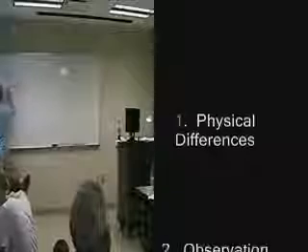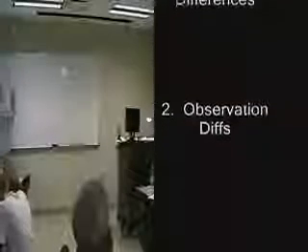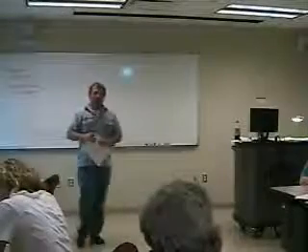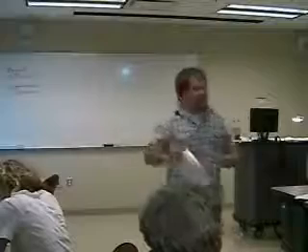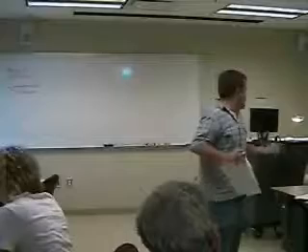Another type of difference that we're going to talk about are what I'm going to call observational differences. We don't observe the tropics in the same way we observe the mid-latitude atmosphere. Well, in some ways we do, and in some ways we do differently. The tropics have a lot of things going on that the mid-latitudes don't.